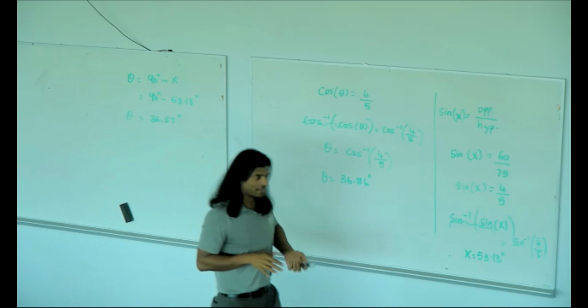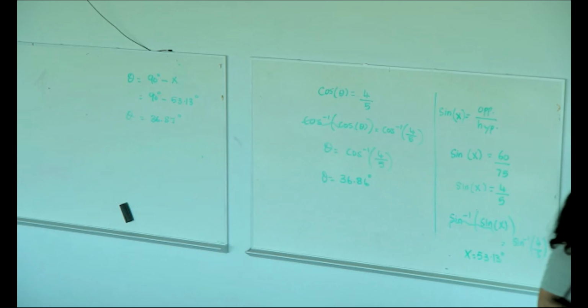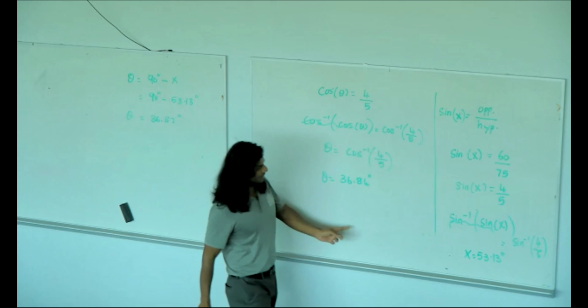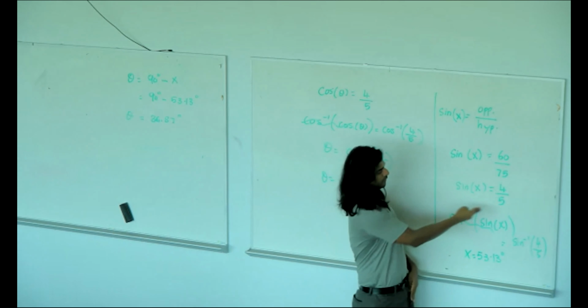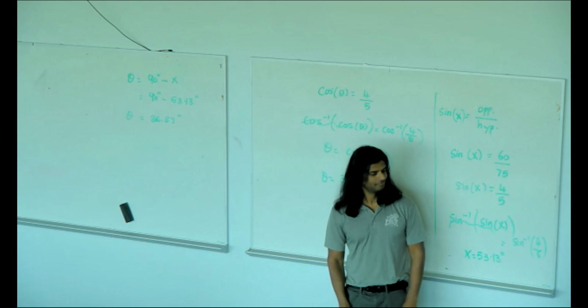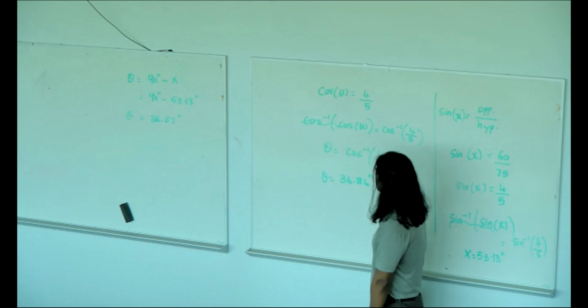Good. It doesn't matter which way you do it. It will work out, as long as it is correct. Now, a few ways to stop and check if you're going in the right direction. When you set sine x equal to some value, that value should not be bigger than 1, otherwise you're doing something wrong.